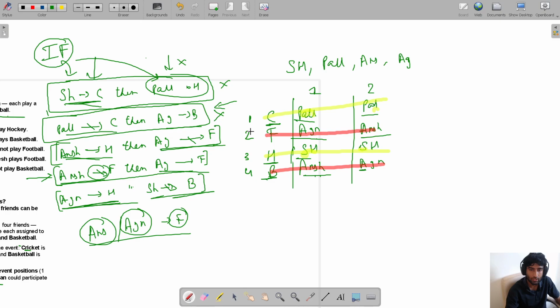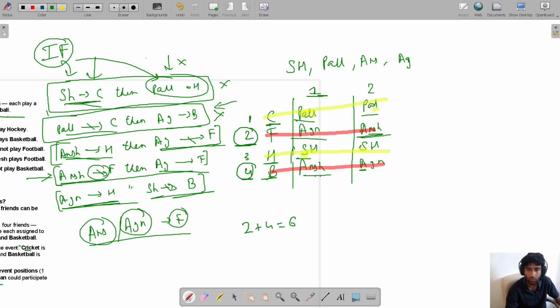For example, in case number 1, we know that Agnivesh plays football and Anshuman plays basketball. So the event position Agnivesh is playing at is number 2, and Anshuman is playing at the 4th position in the sports event. So for the first case, the value is 2 plus 4, which is equal to 6.